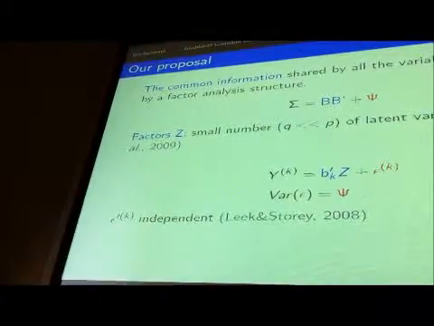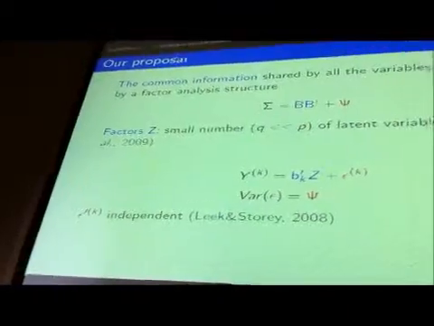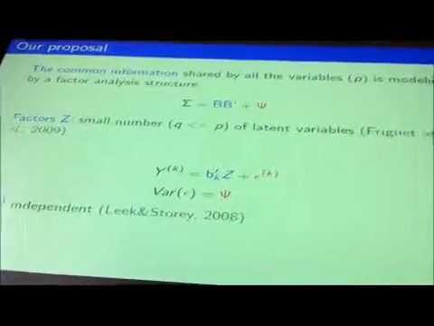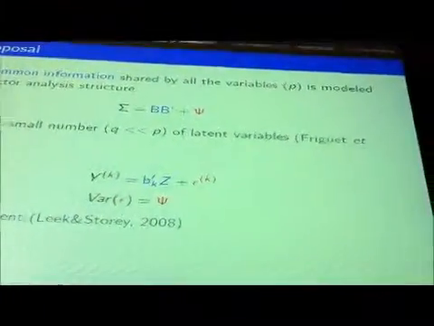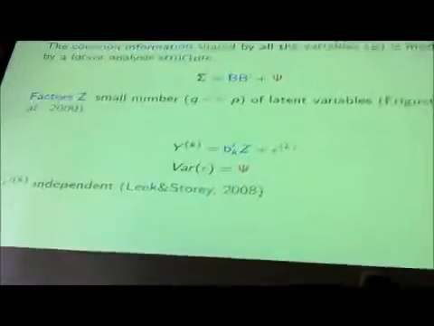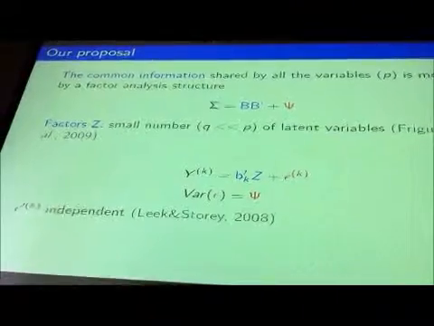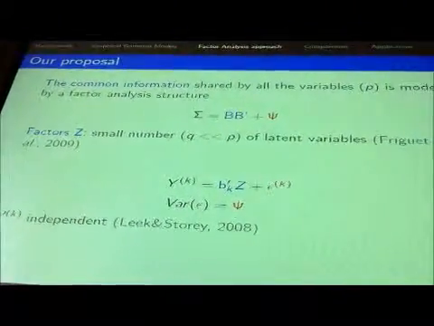This model is based on splitting the variance covariance matrix into two parts: a common part containing the common information, and a part containing the specific information.